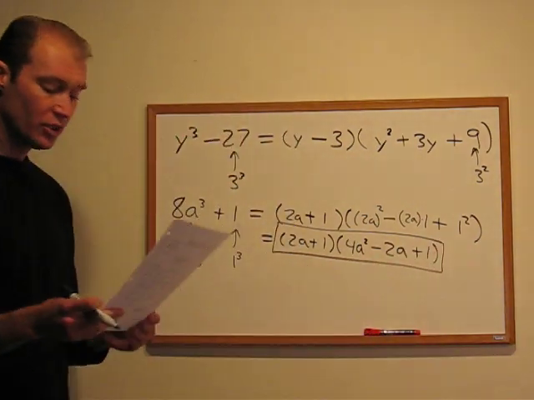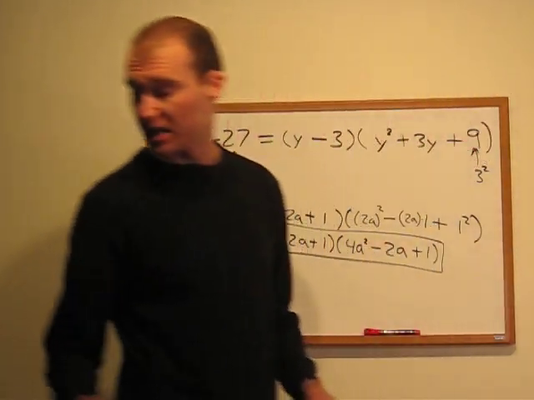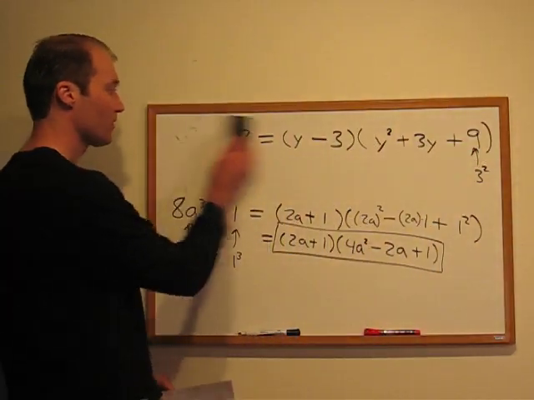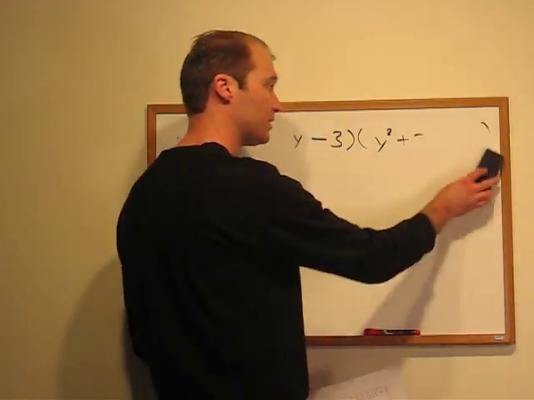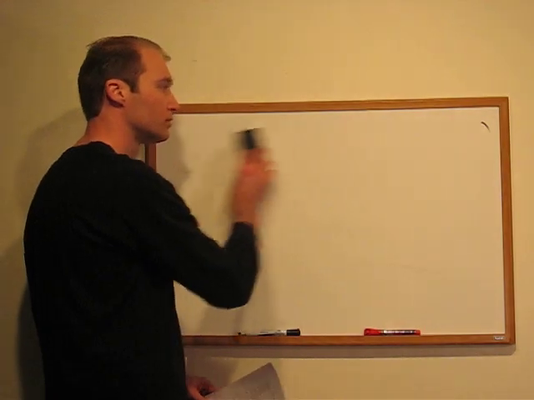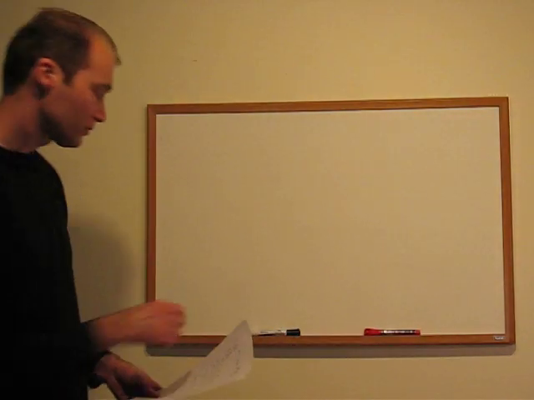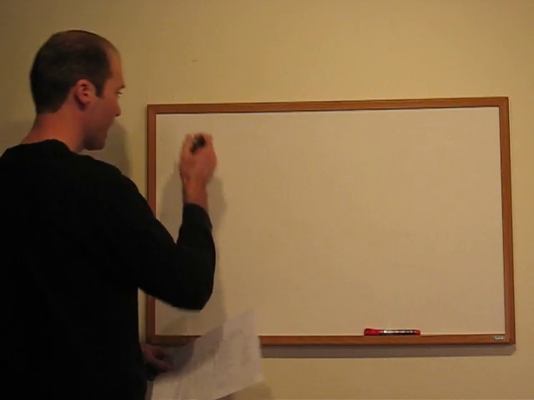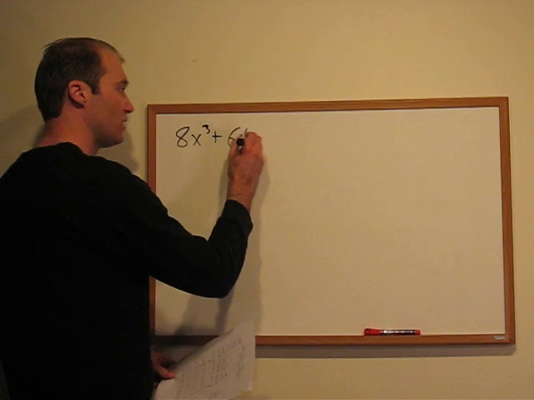Let me go ahead and just do one more problem. One more problem that I think is common, a common problem to trip students up. Say I have 8x cubed plus 64.